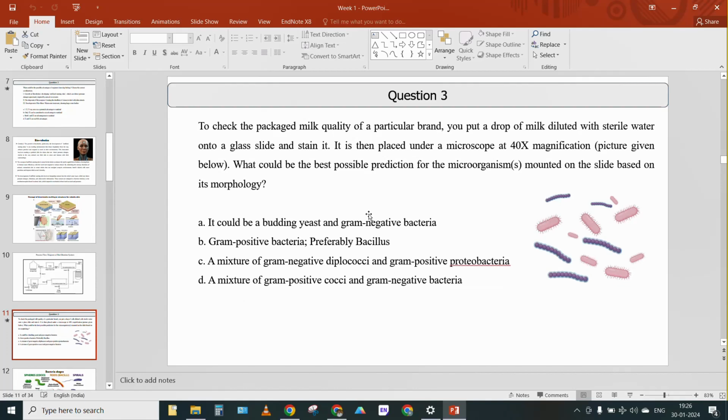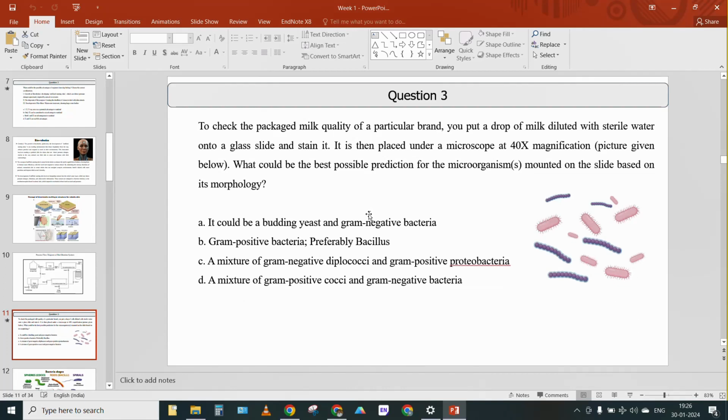So the next question, which is third: to check the packaged milk quality of a particular brand, you put a drop of milk diluted with sterile water onto a glass slide and stain it. It is then placed under a microscope at 40x magnification.